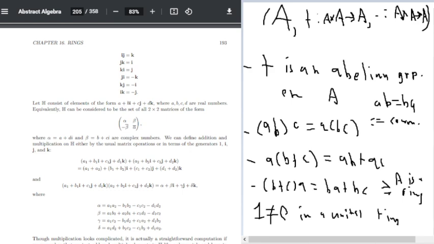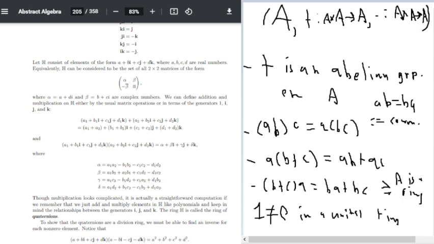Let H consist of elements of the form a plus bi plus cj plus dk, where a, b, c, and d are real numbers. Equivalently, H can be considered to be the set of all 2x2 matrices of the form alpha, beta, negative beta conjugate, alpha conjugate.